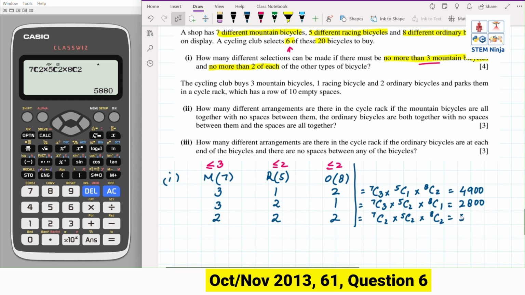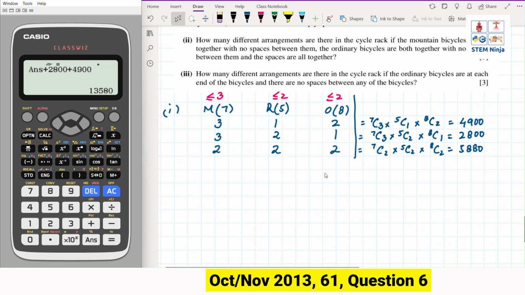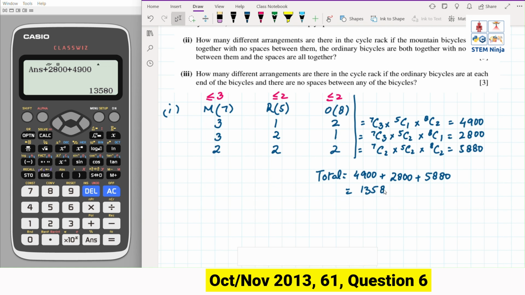So 5880. Now we just need to add them up. 2800 plus 4900. So total would be 4900 plus 2800 plus 5880 equals 13,580.